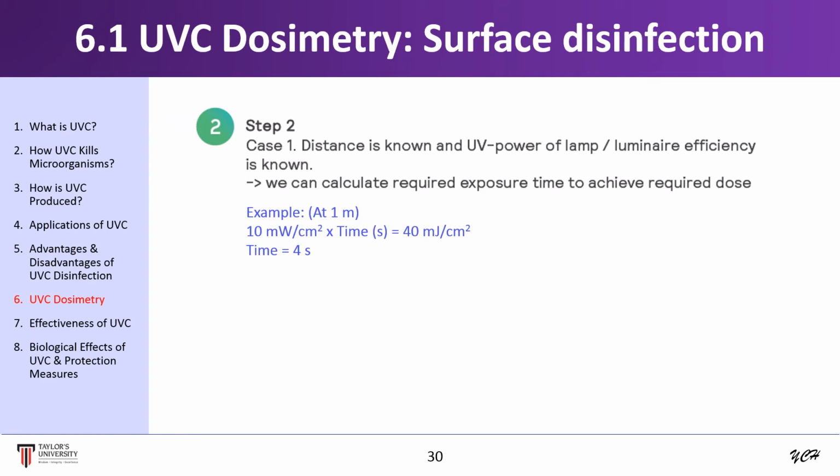Multiplied by time, we get 40 millijoule per cm square. 40 millijoule per cm square is the minimum UVC dose recommended by the IUVA, and solving this equation, we get the time as 4 seconds. And this is at 1 meter away.